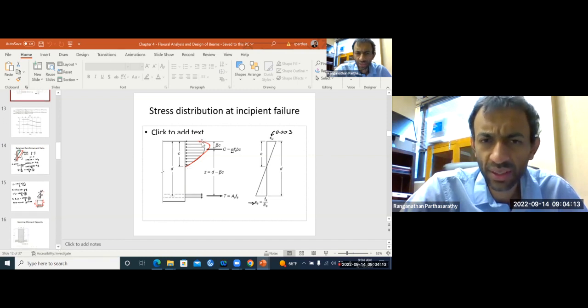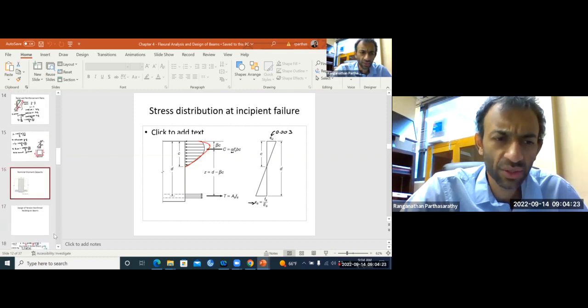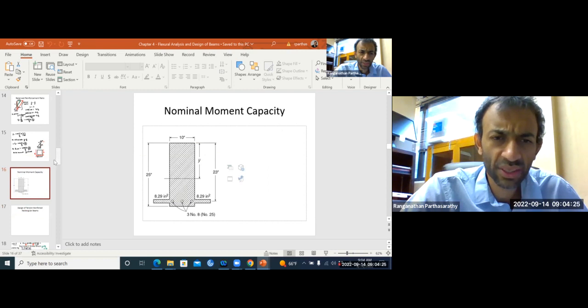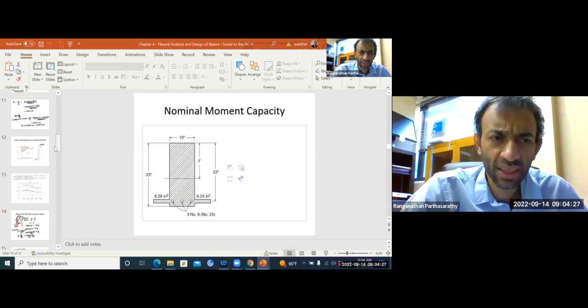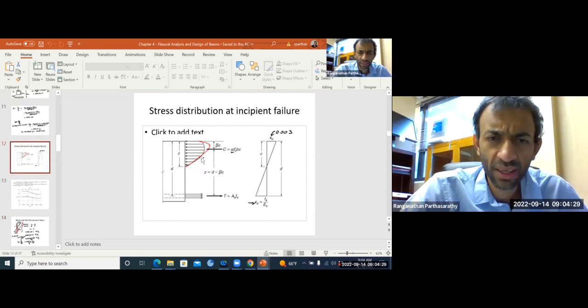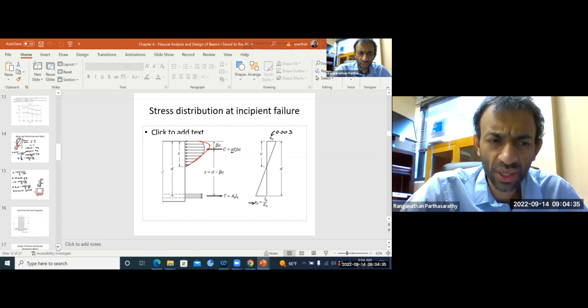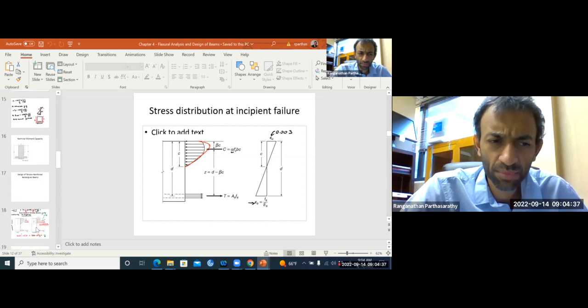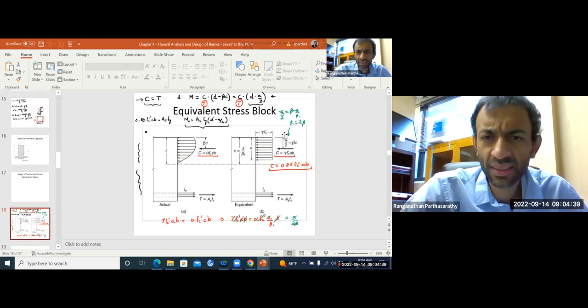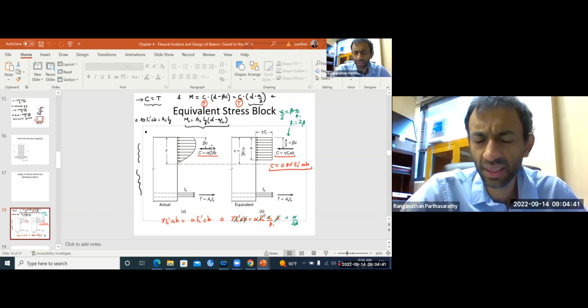So this is your actual stress strain relationship for the concrete when your maximum compressive strain is your ultimate strain. That means concrete is crushing. For that case, that's how the compression block looks. But now you can take an equivalent stress block to simplify things.